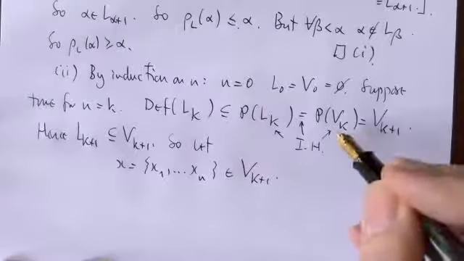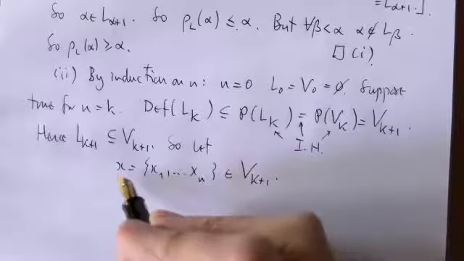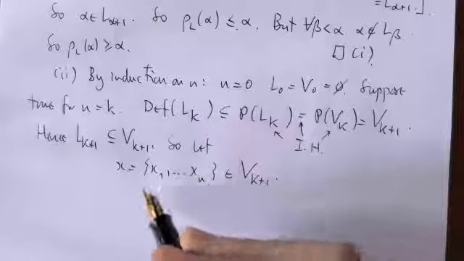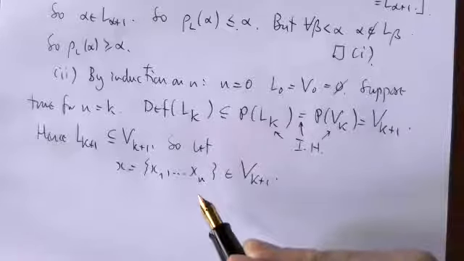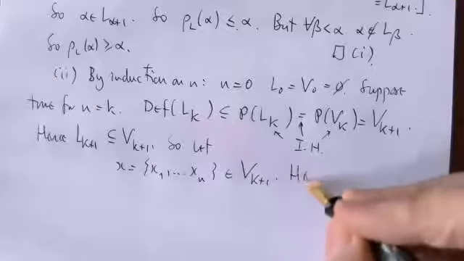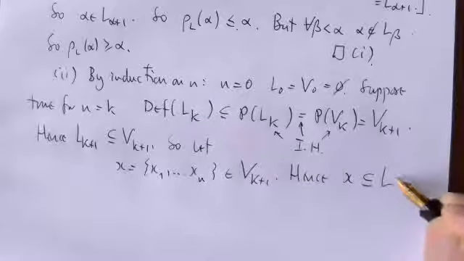Again, this is the power set of Vk. So all of the elements of this object in Vk plus 1 are in Vk, which is the same as Lk. So X is a subset of Lk.